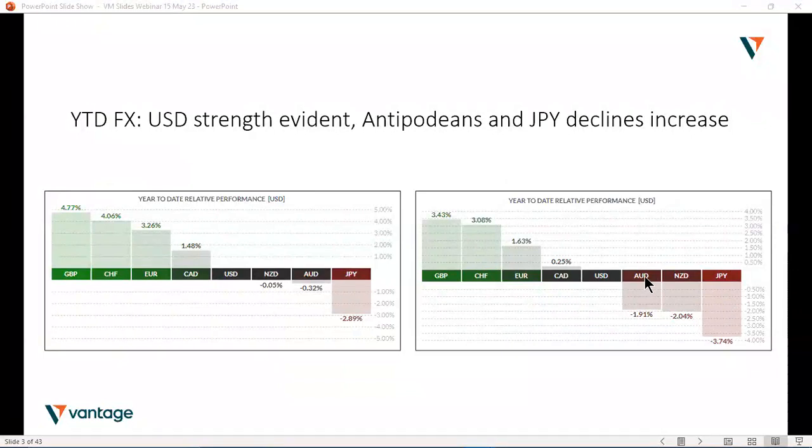On the flip side, you've got the Aussie and the Kiwi, the Antipodeans, losing ground last week at least, a couple of percent for the Kiwi and 1.6% or so on the Aussie, as commodities fell, especially copper, an interesting point, falling through its 200-day moving average, driving those two currencies lower for sure. And then the yen also losing against the dollar, and we'll check that out later on.